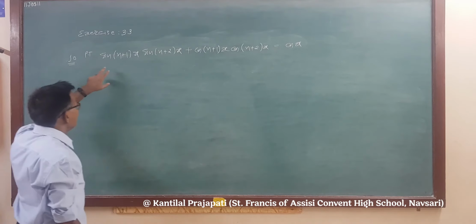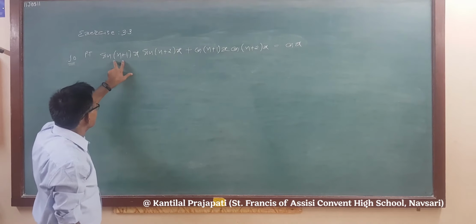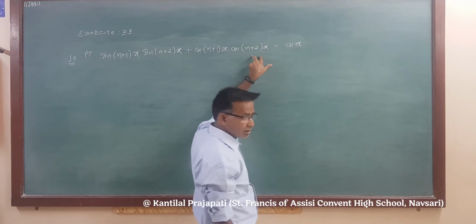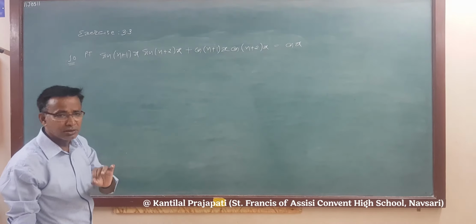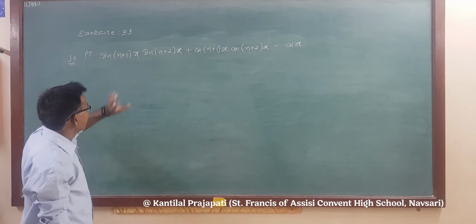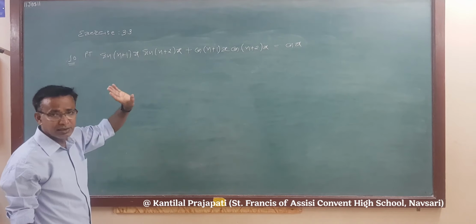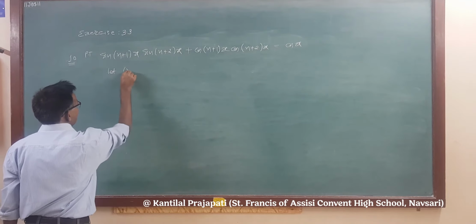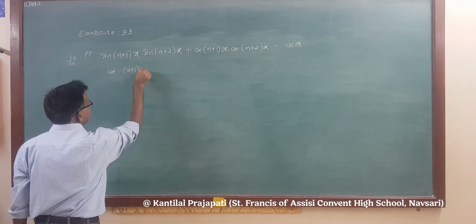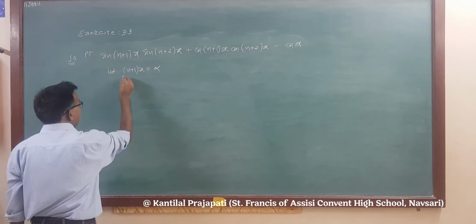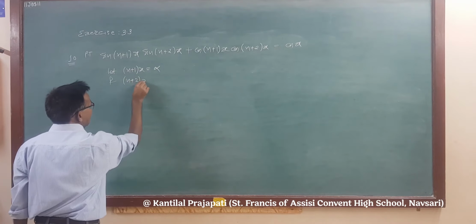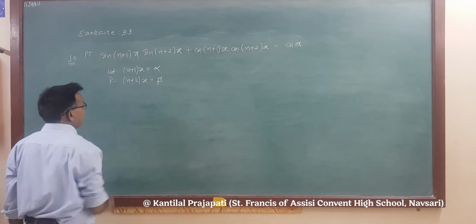So see the angle of both functions. So (n plus 1)x, (n plus 2)x, (n plus 1)x, (n plus 2)x. For convenience, we suppose the first angle is alpha, the second angle is beta. For convenience, let (n plus 1) into x be equal to alpha and (n plus 2)x be equal to beta.